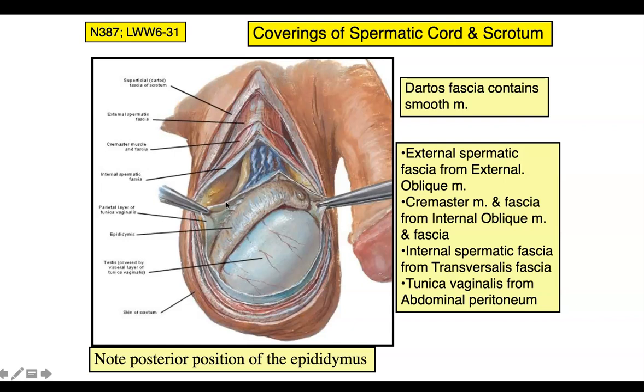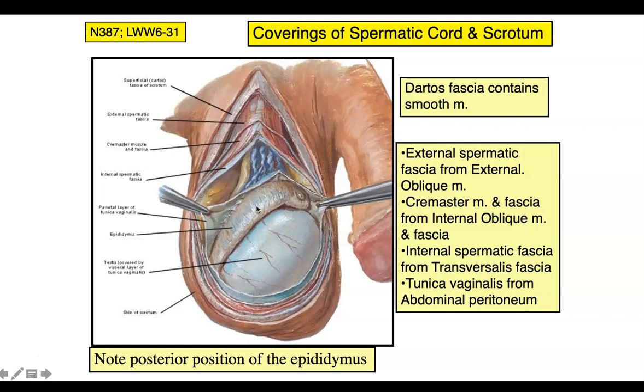So the parietal layer of the tunica vaginalis is the most inner layer of the scrotum and the spermatic cord. And the visceral layer of the tunica vaginalis is the shiny membrane over the capsule of the testis. So you can see the visceral layer on the testis and epididymis, and the parietal layer on the inner side of the scrotum.